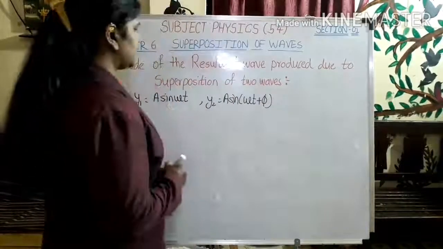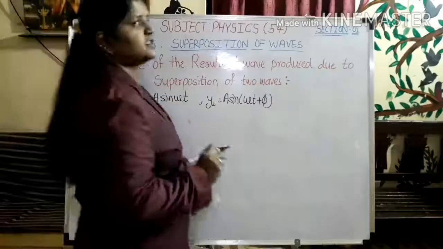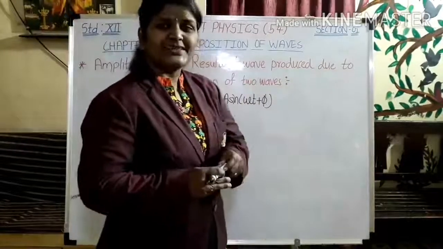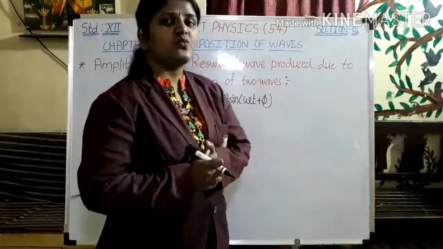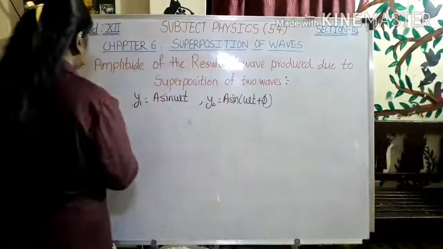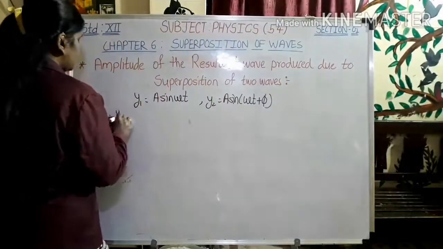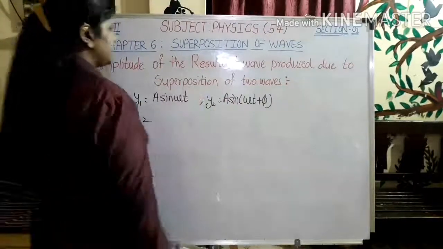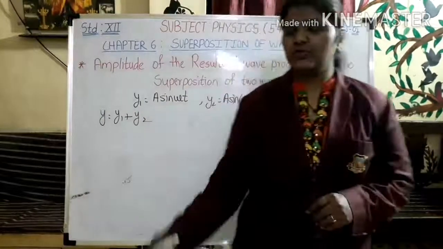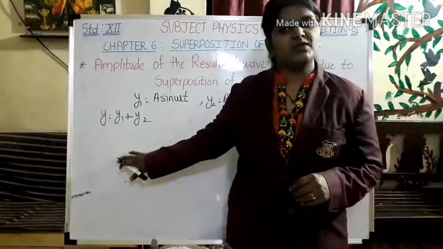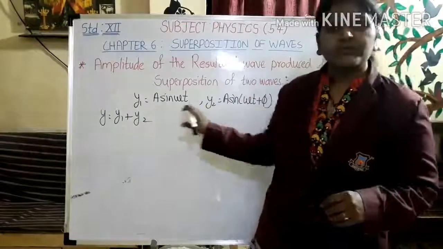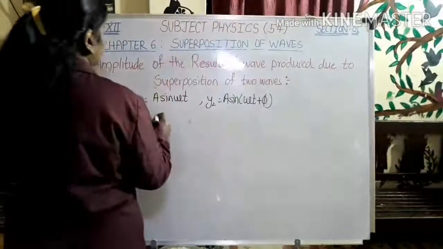Okay, so let's find out. Now, by considering the superposition principle, what will be the displacement? As displacement is a vector quantity, we have to add both of them. So y is equal to y1 plus y2. Let's add both the equations.